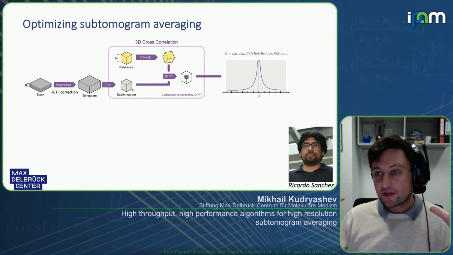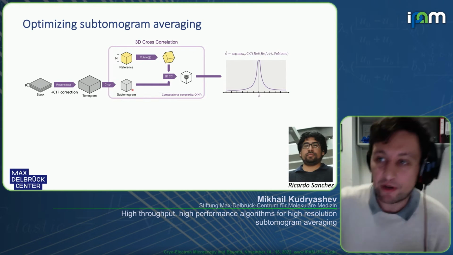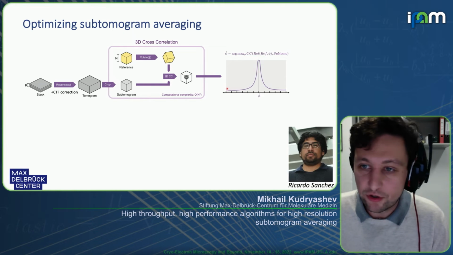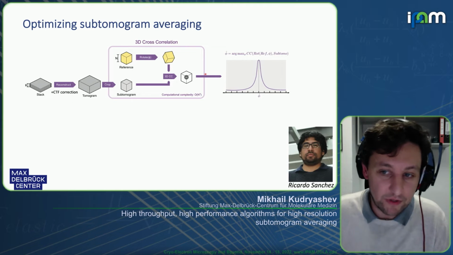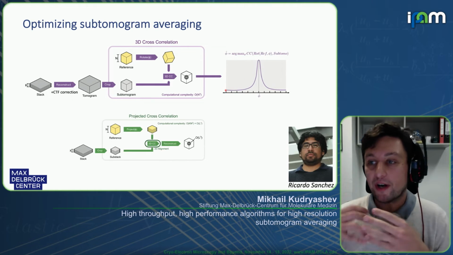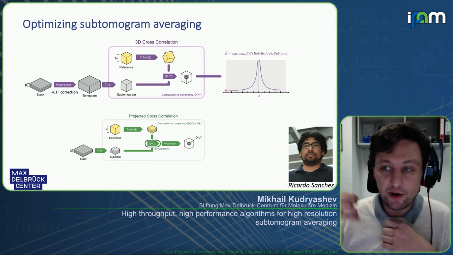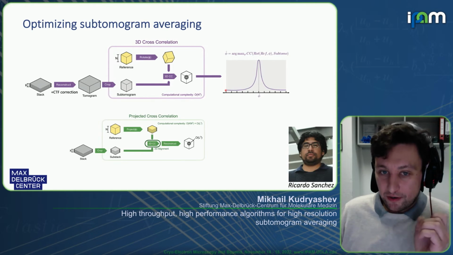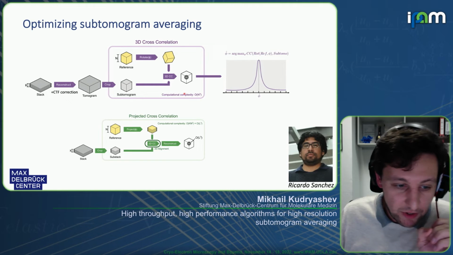Once the size of the box becomes very large, it becomes very, very expensive. So what Ricardo introduced is to change the order of operations in calculating the 3D cross-correlation.